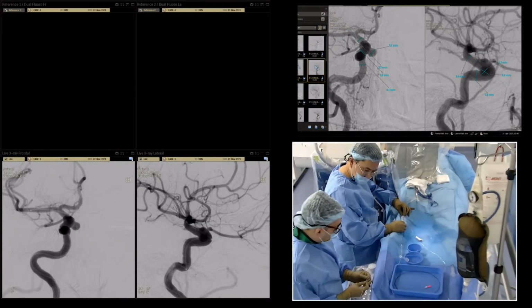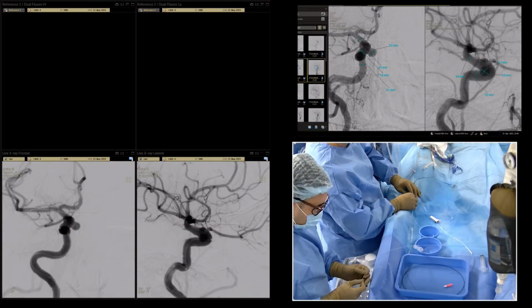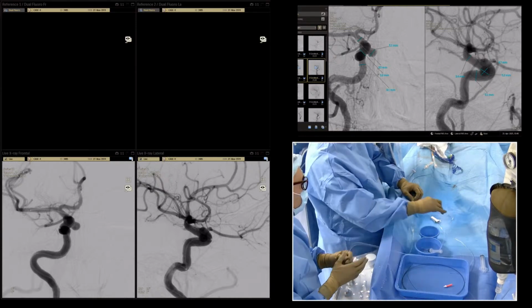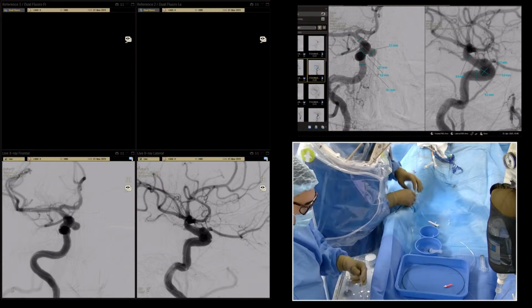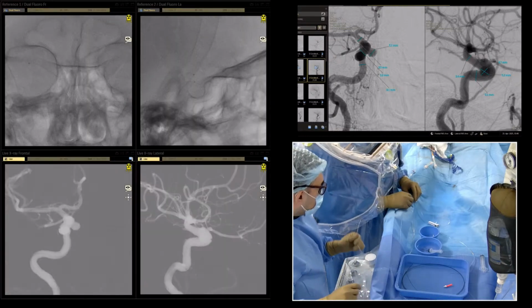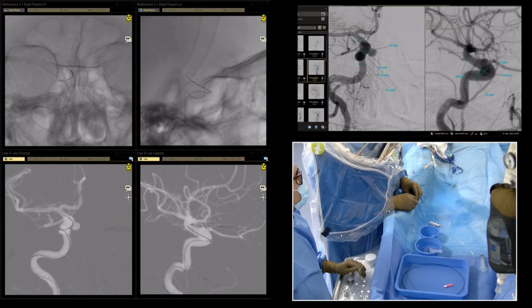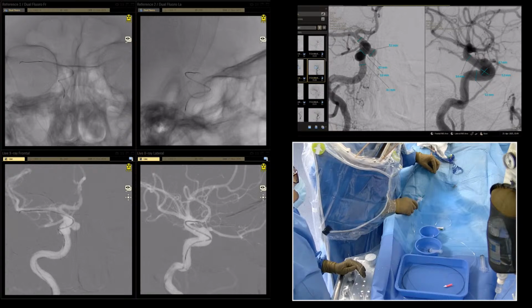The cobalt chromium technology is a good stent, but in the proximal tortuosity it behaves worse compared with the nitinol based flow diverting stents. It behaves very stiff. It behaves as it wants to behave.